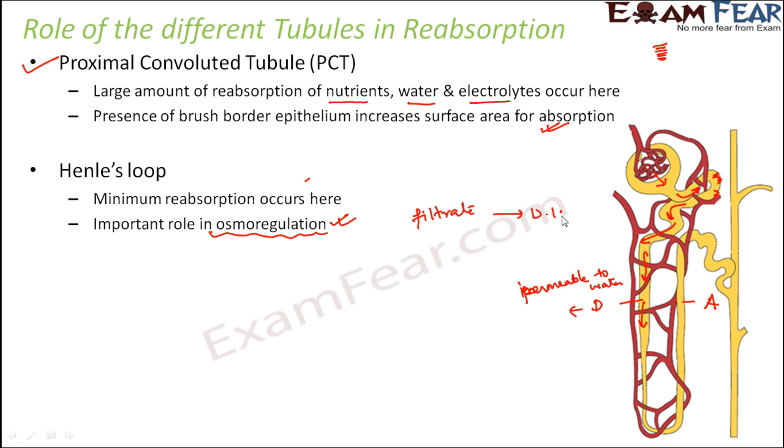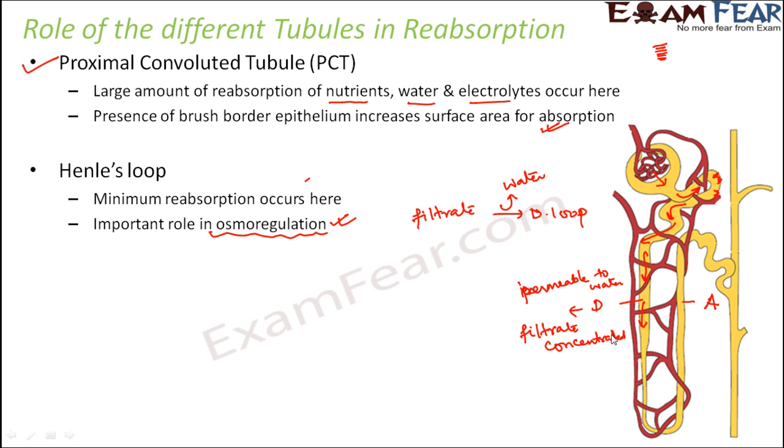It loses water because the membrane is permeable to water, allowing passage of water from the filtrate to the outside. So in the descending loop, the filtrate becomes more concentrated.